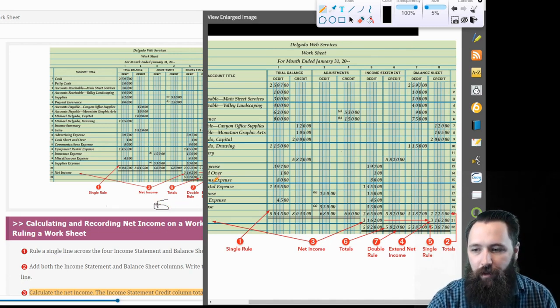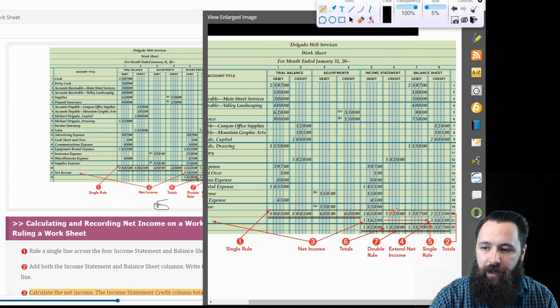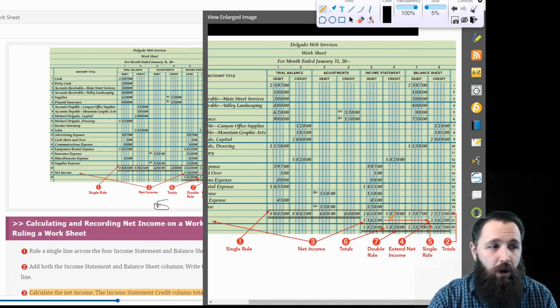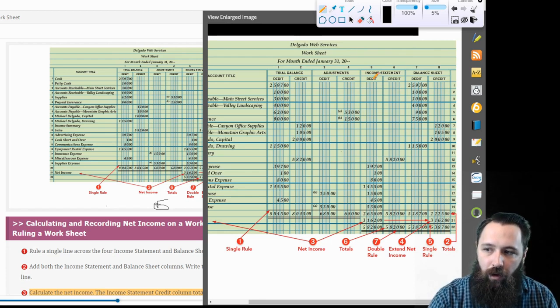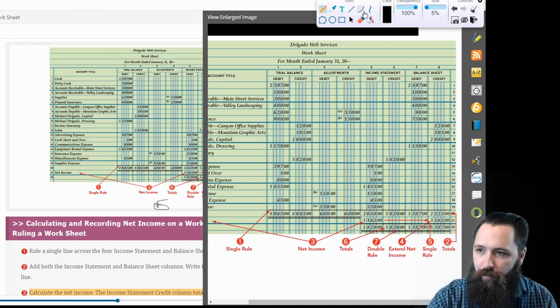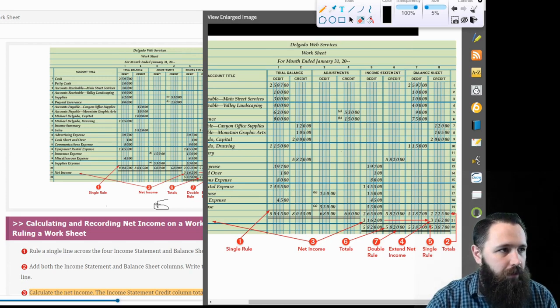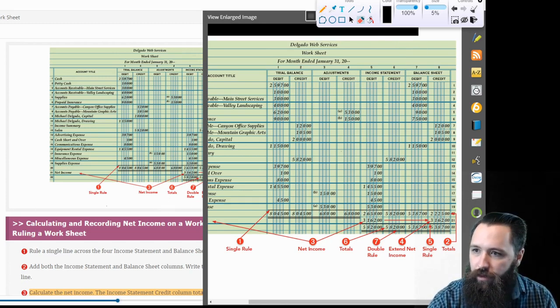And I know this is a little bit weird, might not help for everybody, but that's how I remember, at least for now, that we need to record the net income underneath the debit column here, because this is our net income, $3,162. Now, if, let's say we had a big if here, I'm going to close this out real quick.